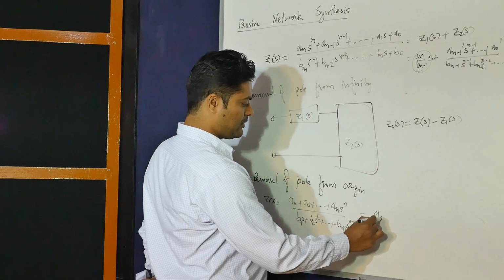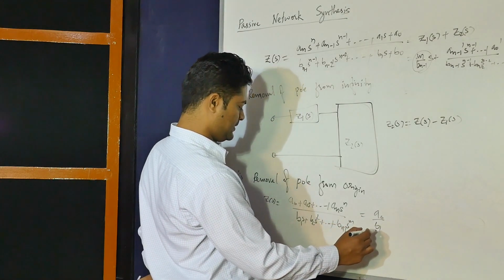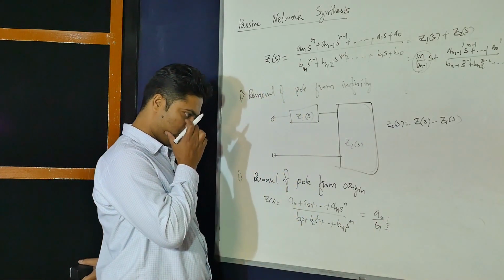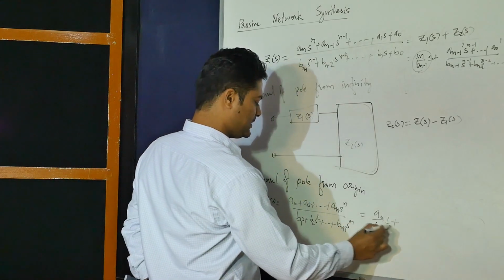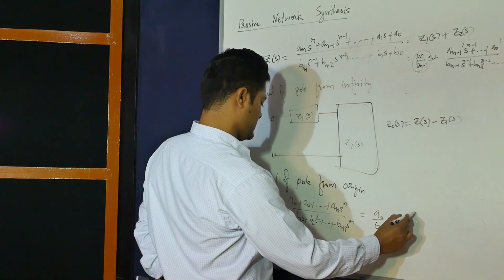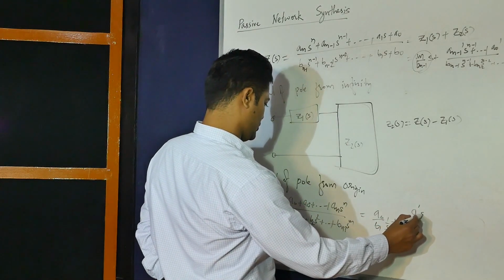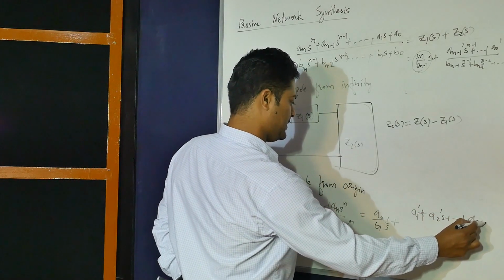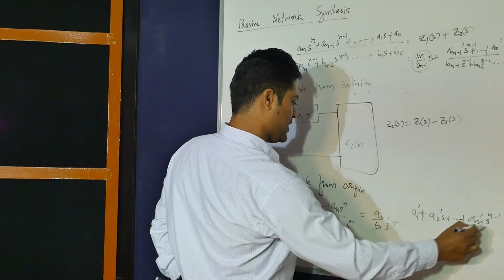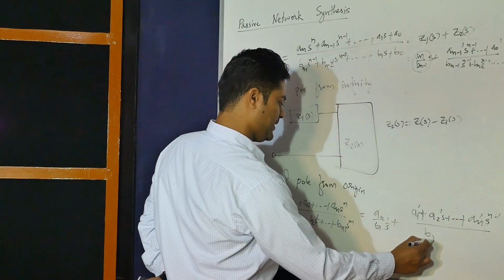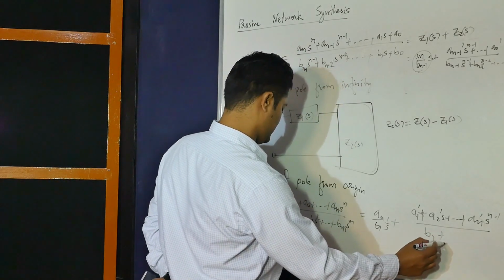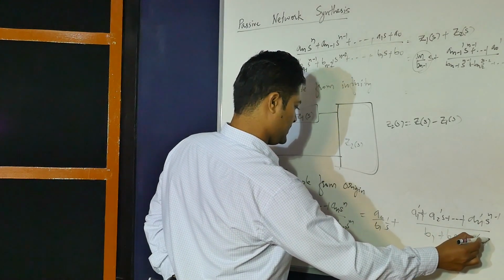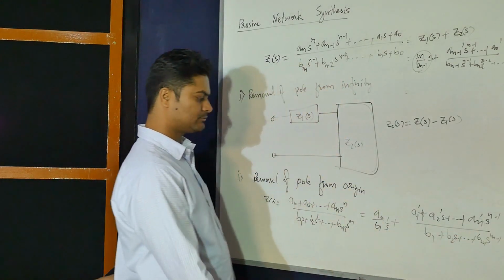We can write A0 by B1 times of s, plus it can be further written as A1 dash plus A2 dash s plus so on till An dash s to the power n minus 1, divided by B1 plus B2 s plus so on till Bm s to the power m minus 1, right?